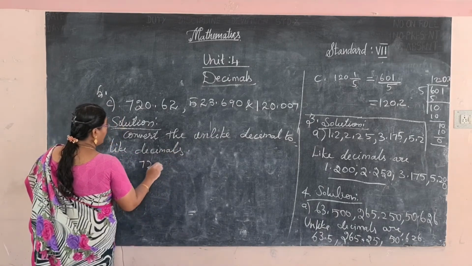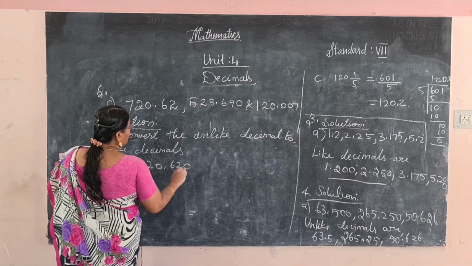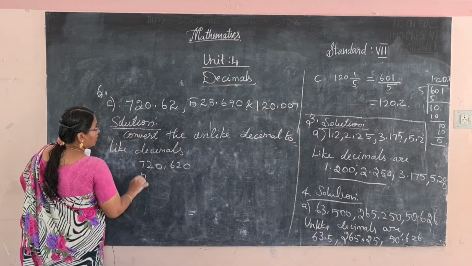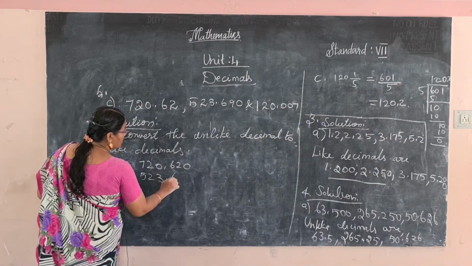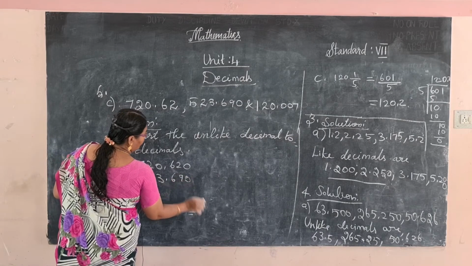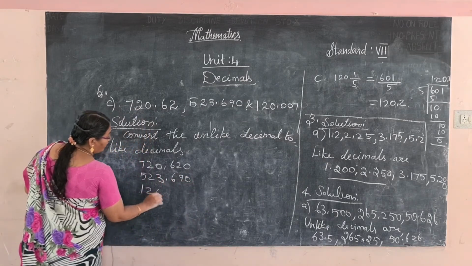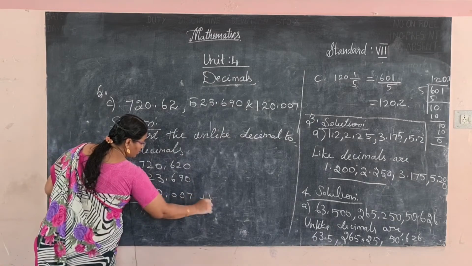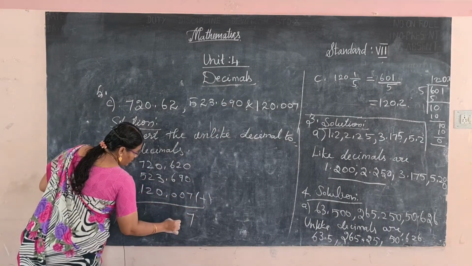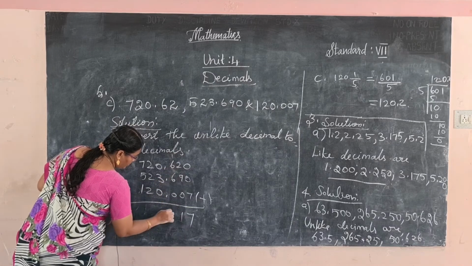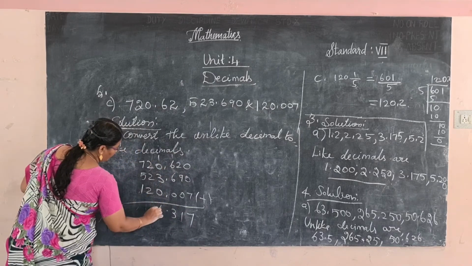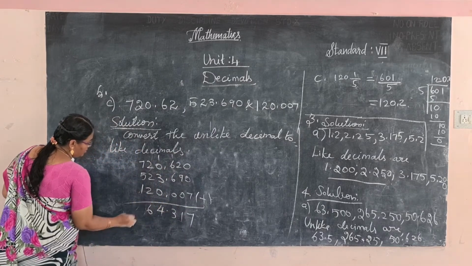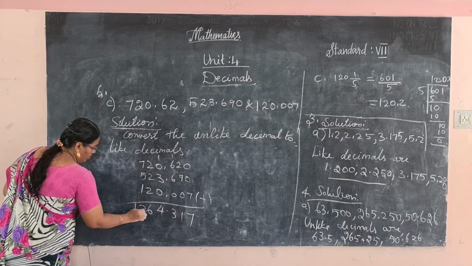So 720.620, okay, 523.690 and then 120.007. Now add: 7, 11, 13, 4, 6, 13.